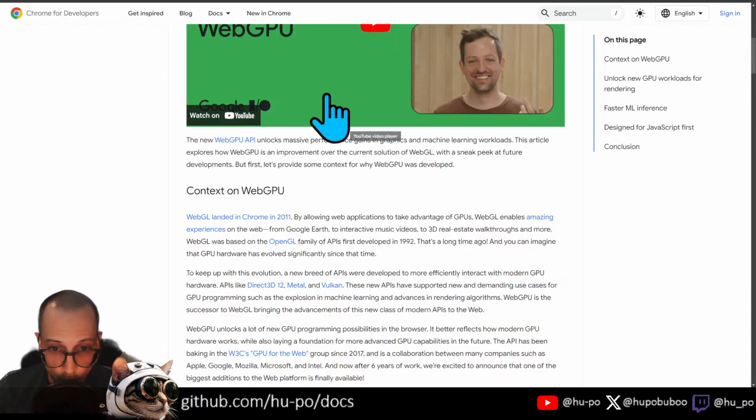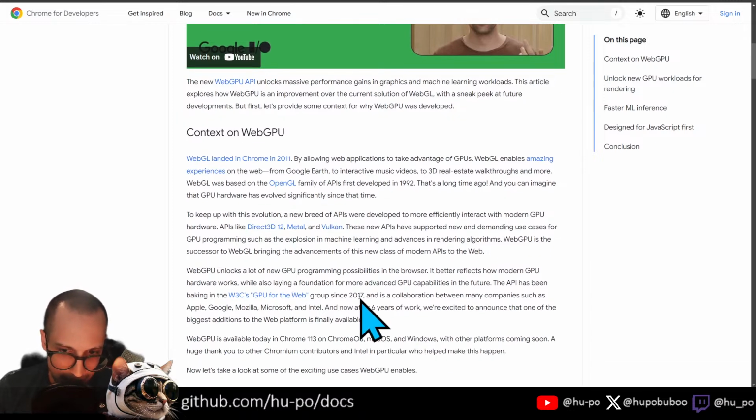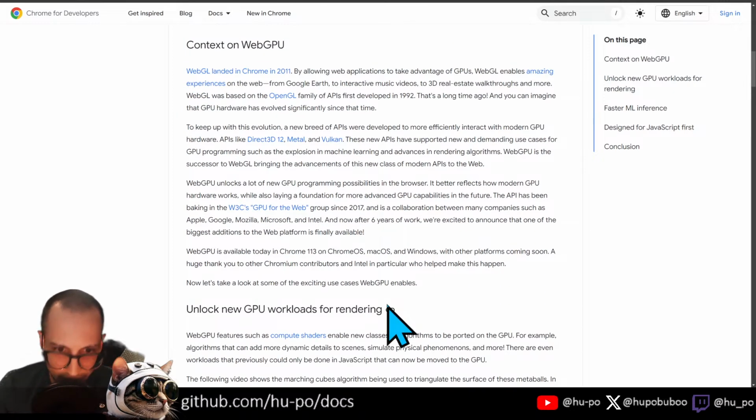So WebGL and this GPU for the web, which is being worked on by a variety of different organizations here, Apple, Google, Mozilla, Microsoft, and Intel, they're going to effectively create a standard way to render Gaussian splats on any device that has a browser, right? So on your VR headset, you can open up a browser and effectively do this.